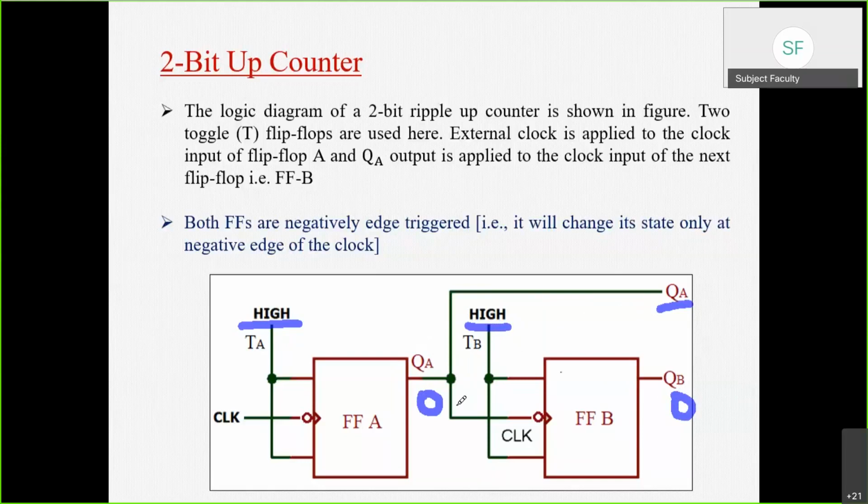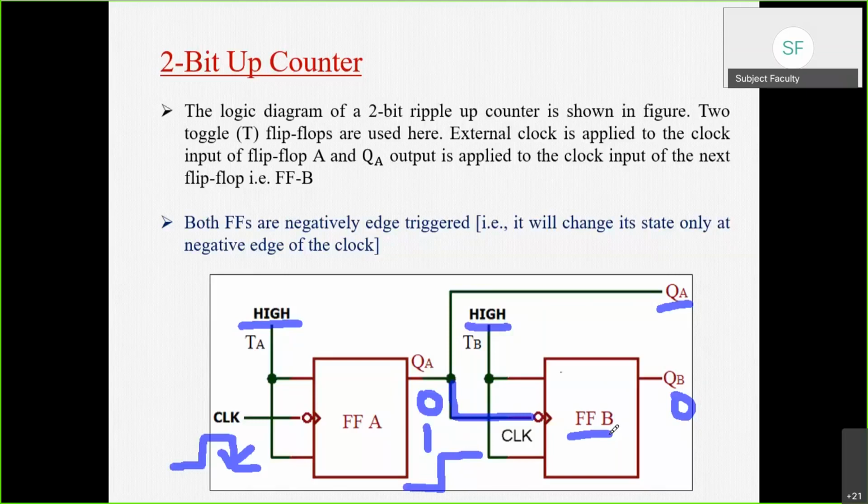Now what happens at the arrival of the first pulse at this negative edge? This will change its state from 0 to 1, so QA, which was 0, is now 1. This QA output is given to the clock of the second flip-flop.